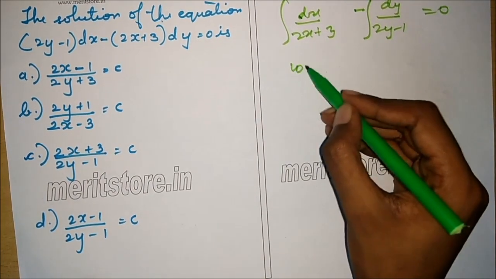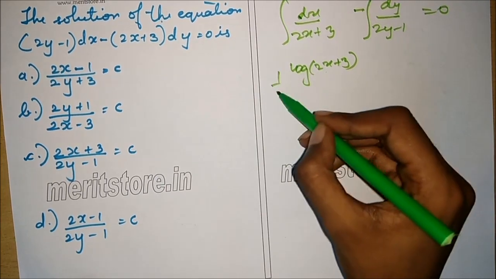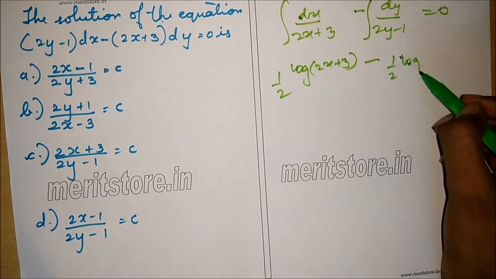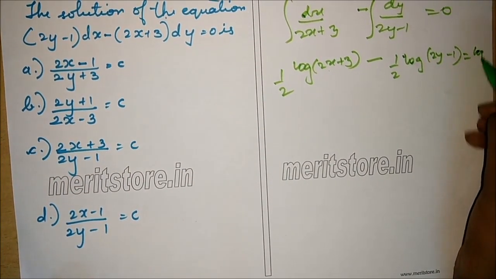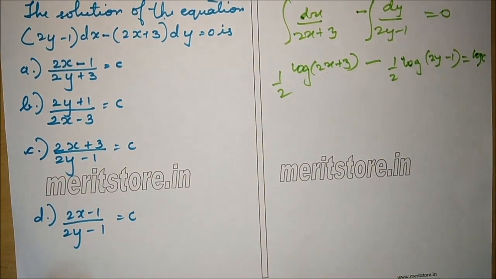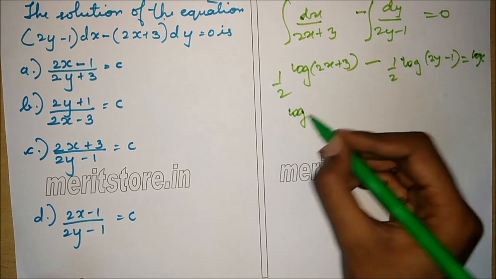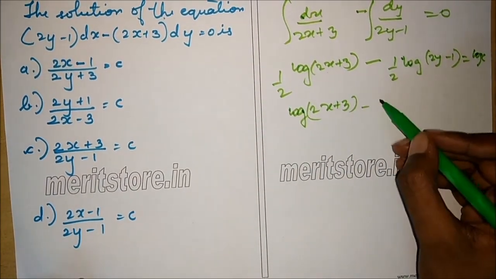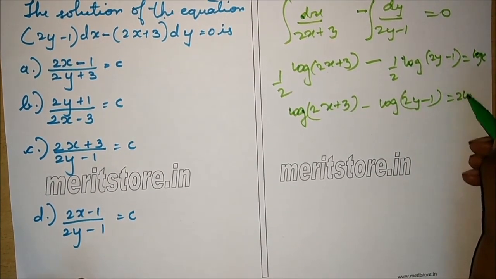We'll be getting log of (2x plus 3) divided by 2 minus 1 by 2 log of (2y minus 1) is equal to, let's say, log c1, a constant. So this is equal to log of (2x plus 3) minus log of (2y minus 1) is equal to 2 log c.